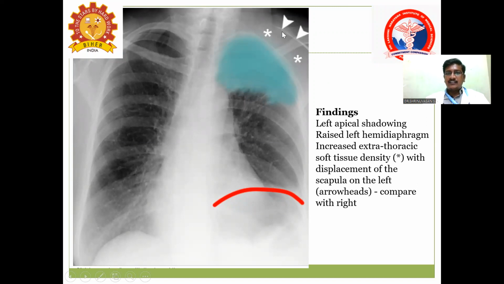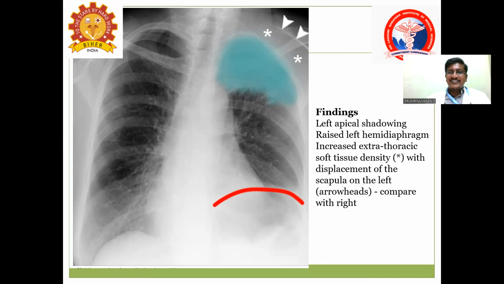See the density. This space is more. This is extrathoracic space. And see this scapula and see this hemidiaphragm. The hemidiaphragm is elevated. So there is some pathology in the apical part of the lung. Rib is destroyed, extra-axillary space is more, and you can see the elevated left hemidiaphragm.